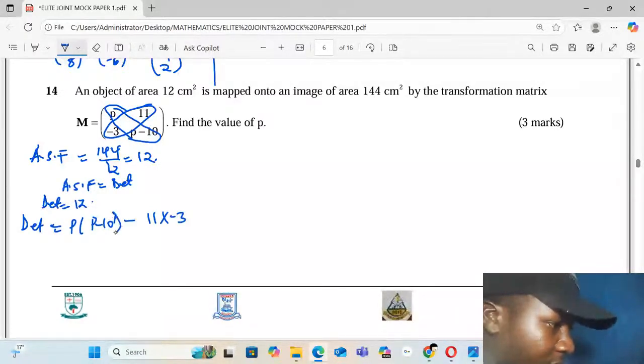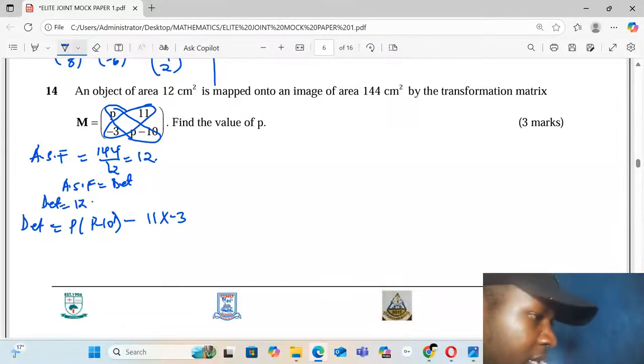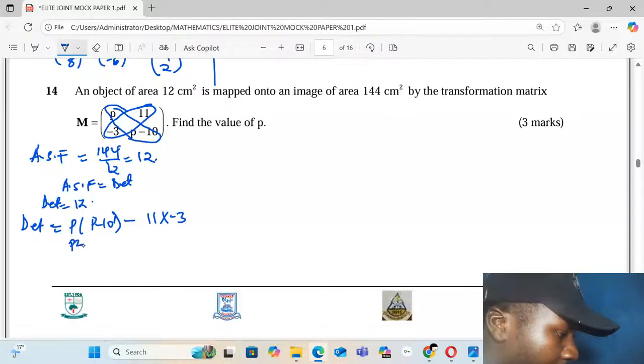Now, when you open the brackets, you get P squared minus 10P, then plus 33. That equals the determinant, which is 12.